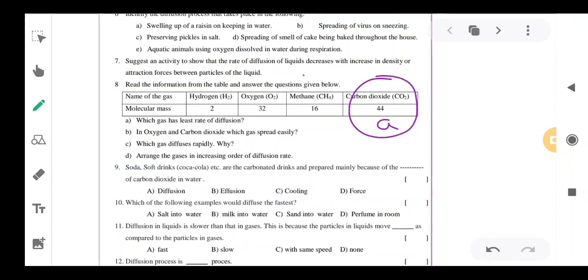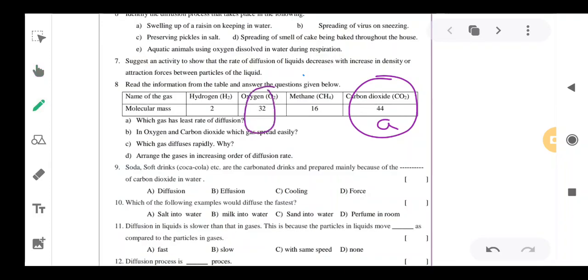Next, between oxygen and carbon dioxide, which gas spreads easily? If you compare oxygen and carbon dioxide, oxygen has lower molecular mass than carbon dioxide. So oxygen diffuses easily, oxygen gas spreads easily. So the answer is oxygen.